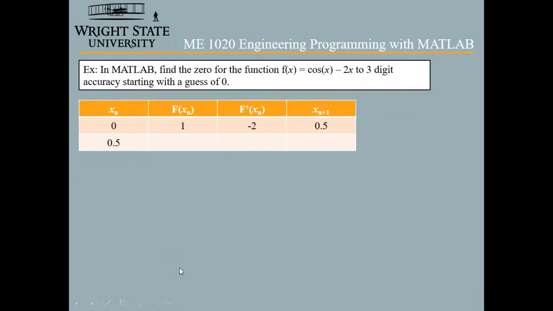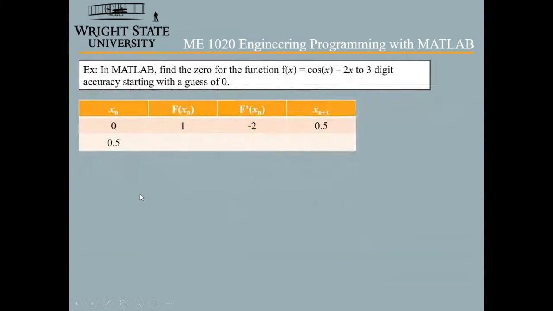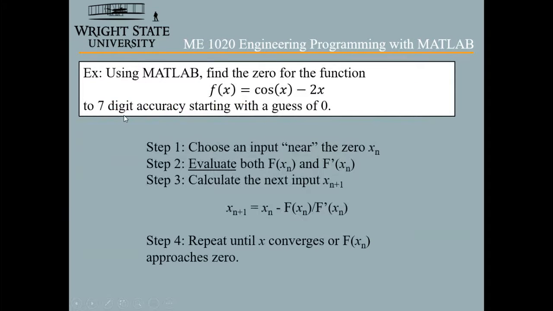And so my goal now is to do the same thing, but instead of 3-digit accuracy, I want 7-digit accuracy. So I want to find the 0 for the same function. I know the answer is going to be 0.4502, and I want to find the 0 to within 7-digit accuracy with a starting guess of 0.